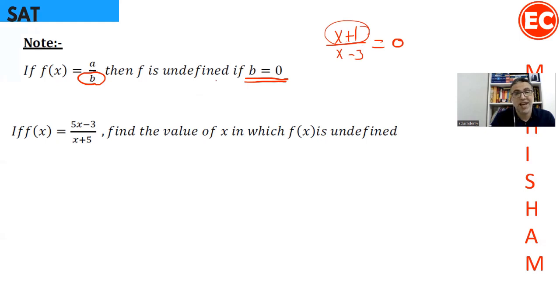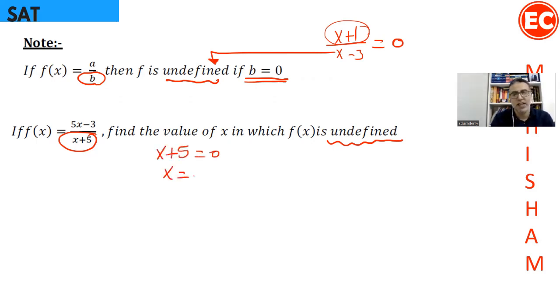But this function is undefined if the denominator is equal to 0. So if f of x is equal to 5x minus 3 over x plus 5, find the value where this function is undefined. And I mean by undefined here, the value that makes the denominator of this function equal to 0. So x plus 5 is equal to 0, so x is equal to negative 5.